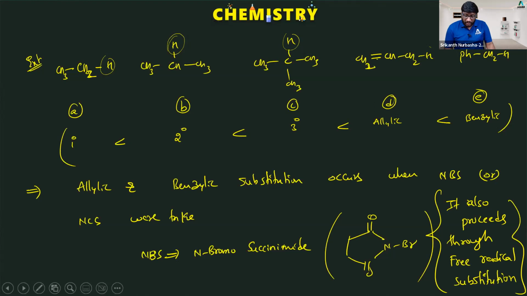Allylic and benzylic substitution occurs when N-bromosuccinimide or N-chlorosuccinimide is taken. NBS will always do the allylic substitution, because the allylic free radical is more stable. So whenever you see NBS in a question, you directly substitute at the allylic position. That's it.